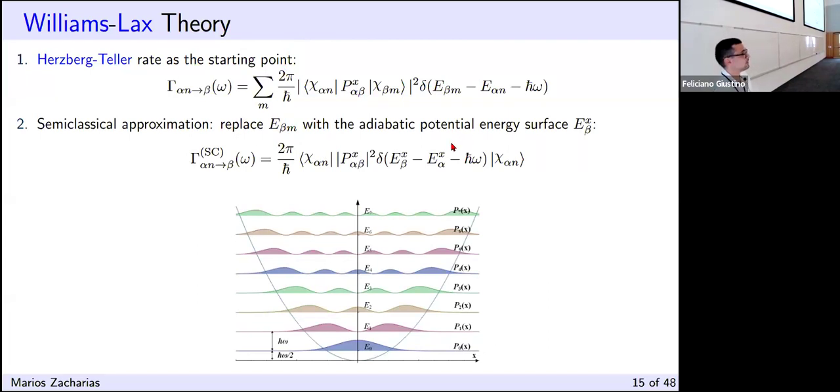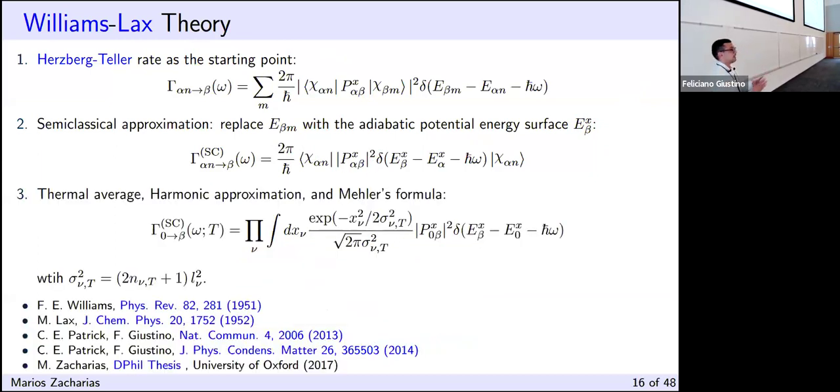Okay, and this approximation is okay if we assume that the final available states for transition have large quantum numbers, and based on the Bohr correspondence principle, we can replace these energies and treat them as continuous variables. So basically, if we replace with the adiabatic potential energy surface, we no longer have this M index involved, and we can perform the summation over the nuclear wave functions using the closure relationship and end up with this nice expression here.